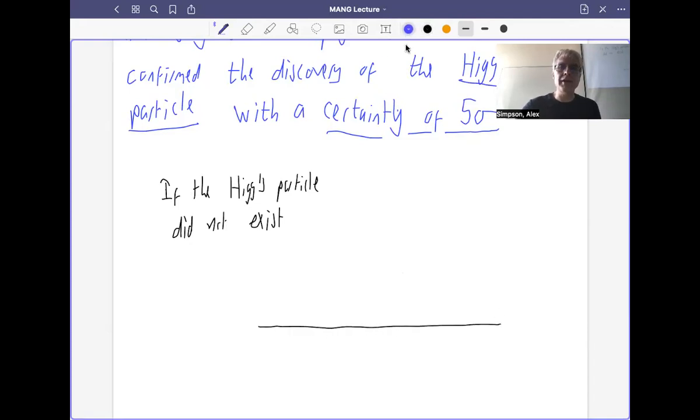And when they plot the results of their measurements, they get a summary result in the end, the sort of average of everything, and that forms a bell-shaped curve.